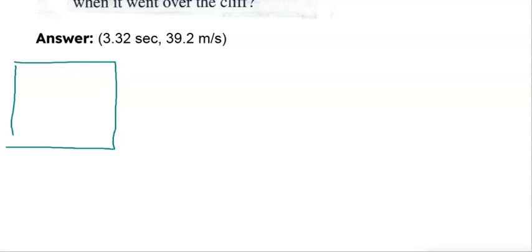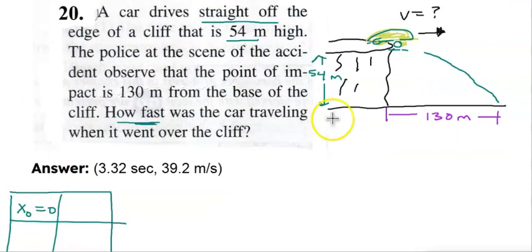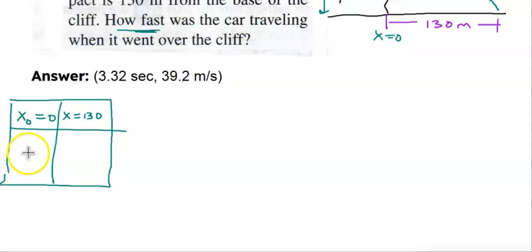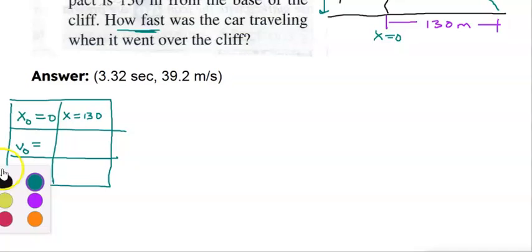So let's make our horizontal and vertical Sudokus. Horizontally, this is kind of understood. x naught equals 0. x final is 130. v naught is what we're looking for, so question mark. a horizontally is 0.